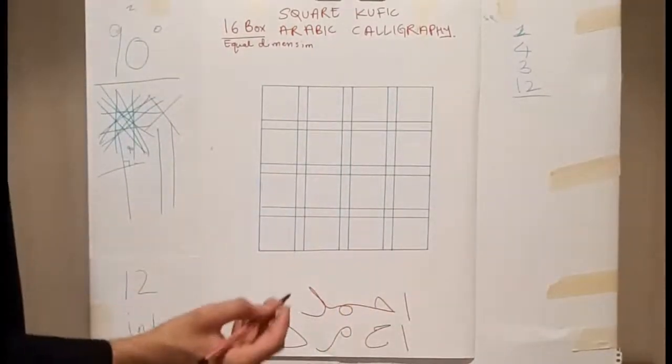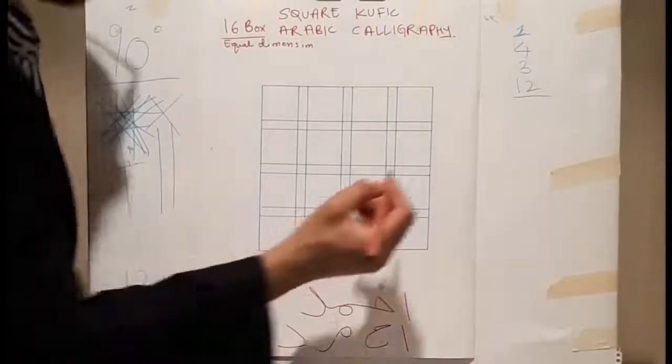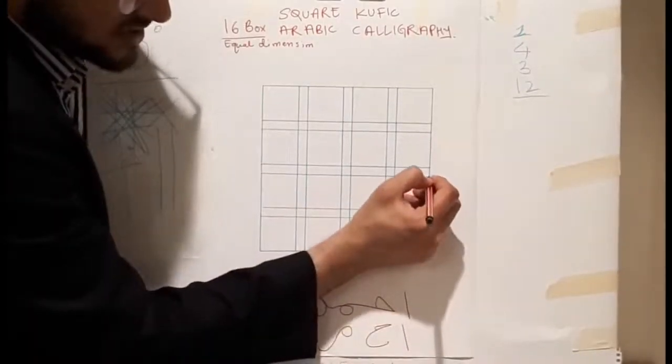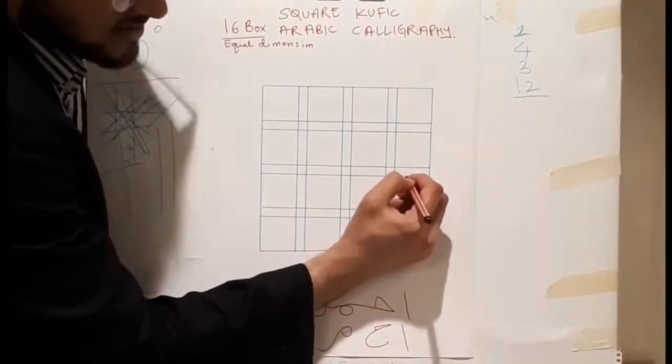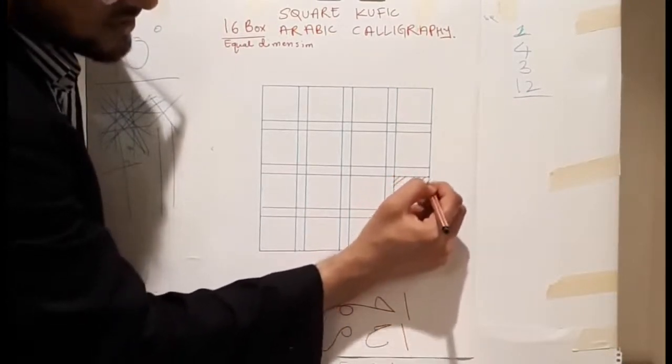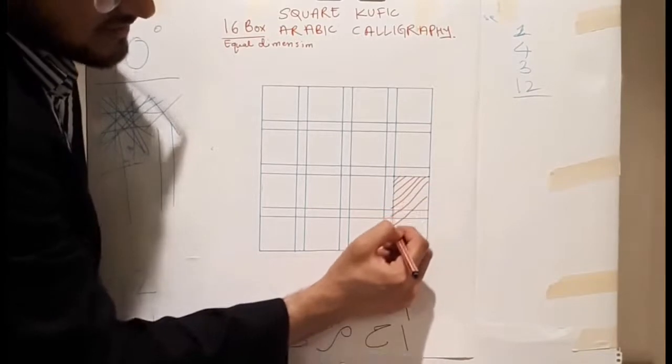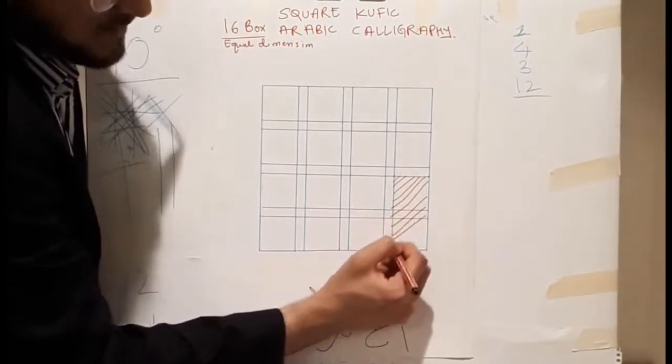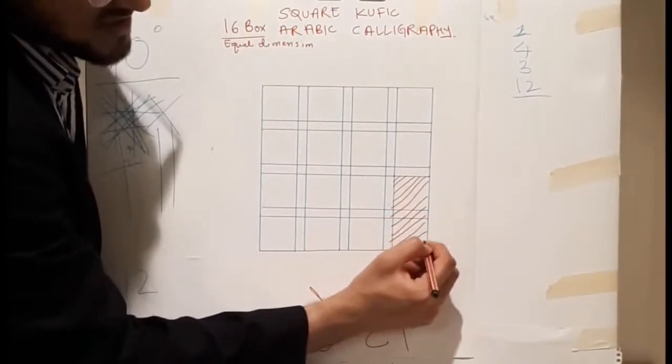And how do you do it? From this region, shading. So if I cover this region with this red ink and I color this part, this becomes my alif.